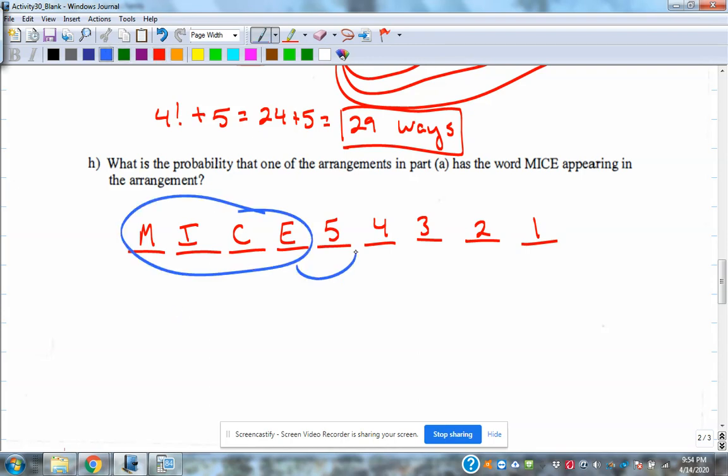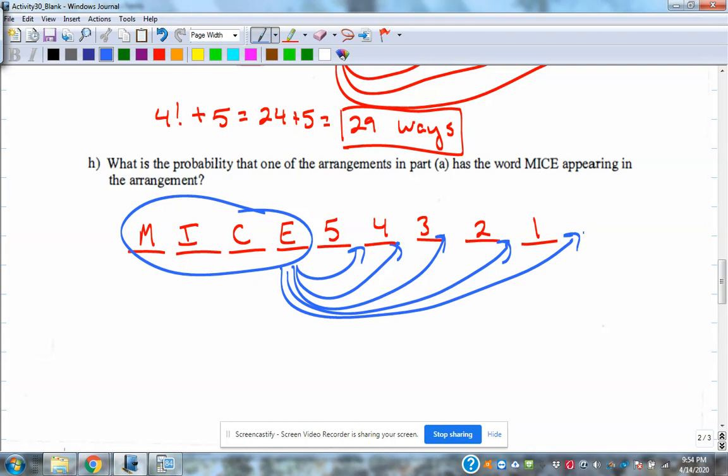That's one way. It could be between those two. That's the second way, third way, fourth way, fifth way, sixth way that it could be. So we've got 5 factorial plus 6 more ways. 5 factorial is 5 times 4 times 3 times 2 times 1. So it's 5 times 4 is 20 times 3 is 60 times 2 is 120 plus 6 is 126 ways.